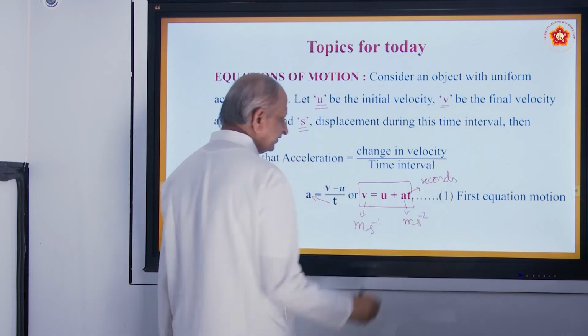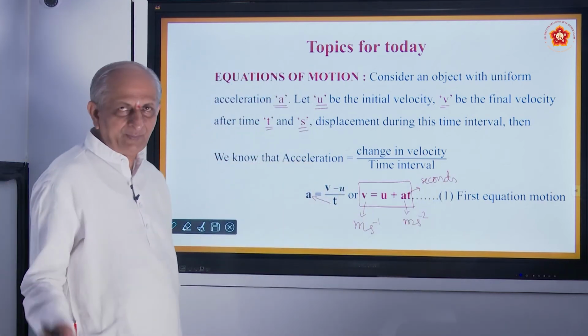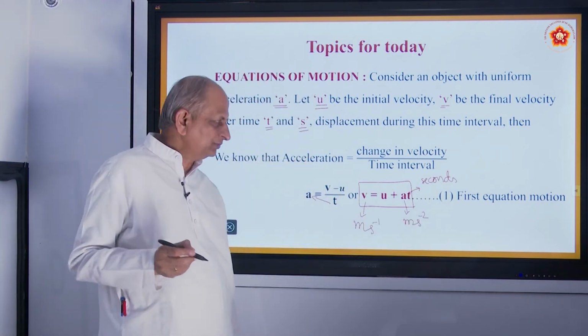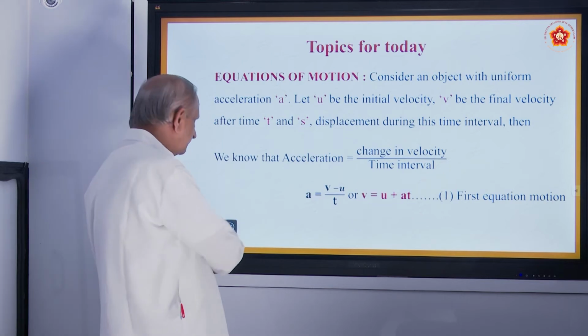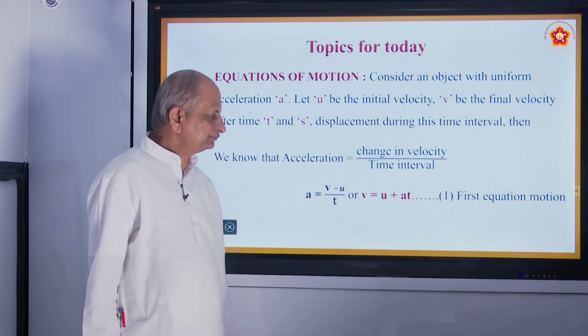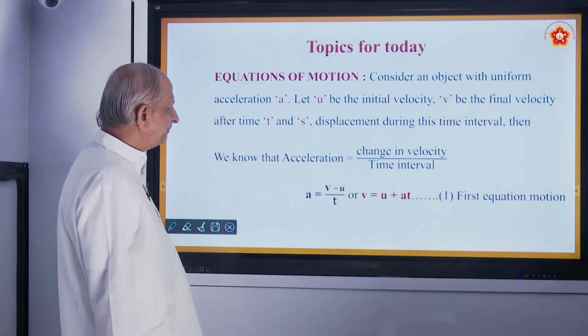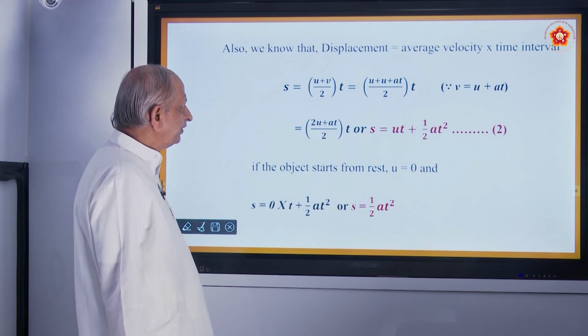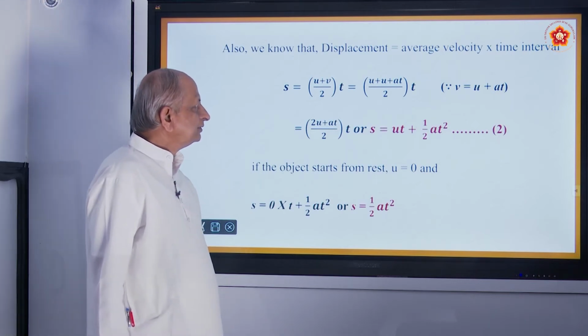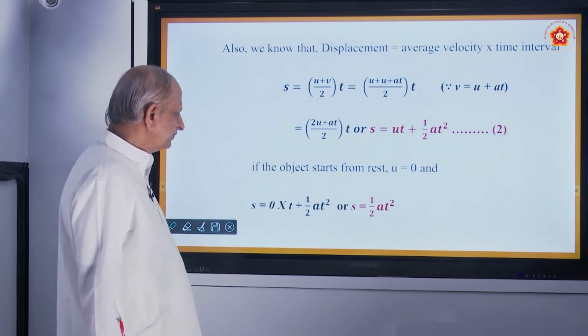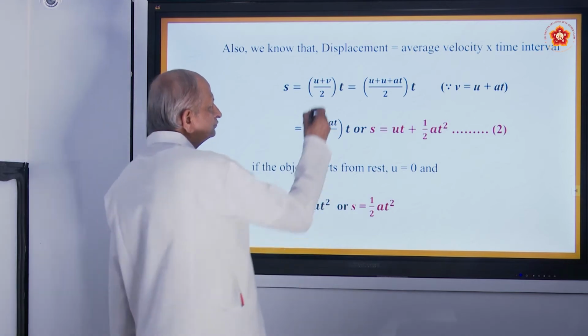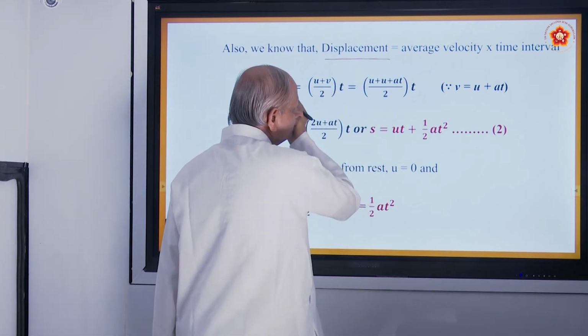Why I am telling the units is, while working out problems you must know how it is measured. Okay. So this is the first equation of motion. Please learn it perfectly.